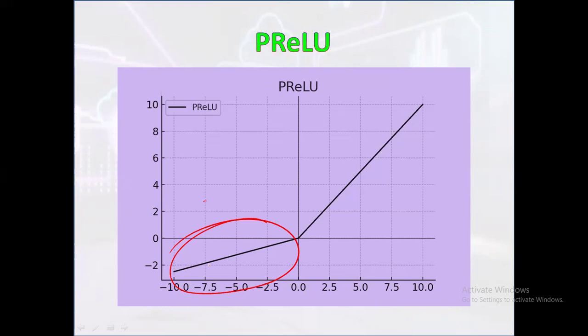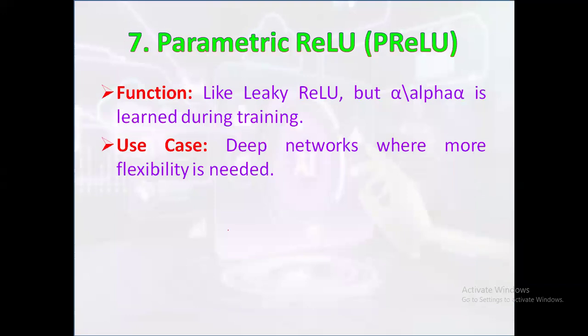This added flexibility allows the network to adapt more closely to the data's distribution, potentially improving performance in complex models. By letting the network learn the optimal activation slope, parametric ReLU can outperform both ReLU and leaky ReLU in certain tasks. However, it does introduce a small increase in computational cost and parameter complexity. That is the main drawback.